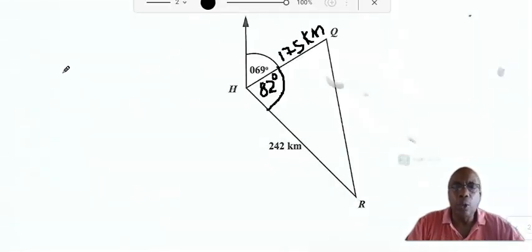So from the cosine rule, we can start with the side we want, RQ.